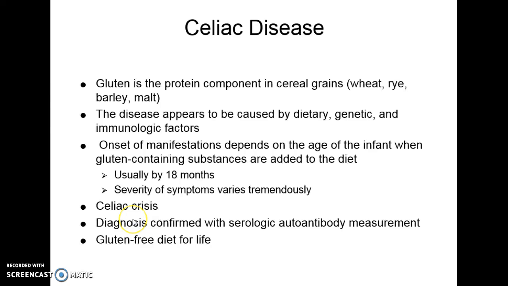Celiac crisis is going to result in severe diarrhea, dehydration, malabsorption, protein loss. Again, it won't go on an excessive amount of time before medical intervention is done, and so you're probably not going to deal with a life and death situation, but that diarrhea can be quite severe.